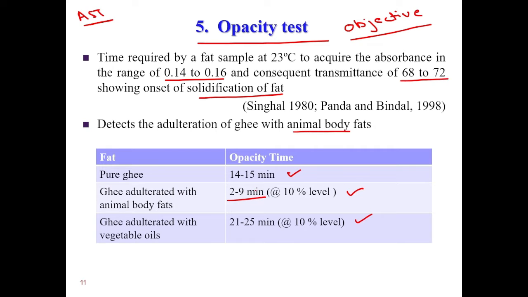Obviously, because animal body fat solidifies much faster. Ghee adulterated with vegetable oils will have a higher time, because it takes more time to solidify: 21 to 25 minutes is the solidification time, that is the opacity time, for ghee added with vegetable oils.